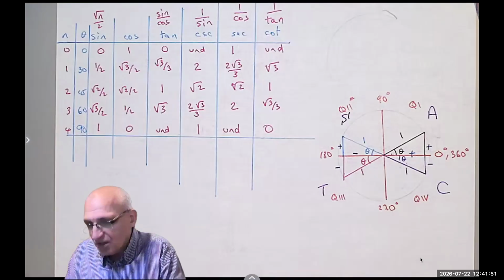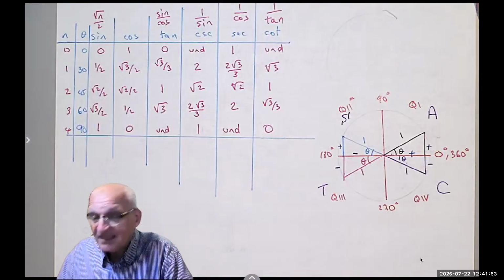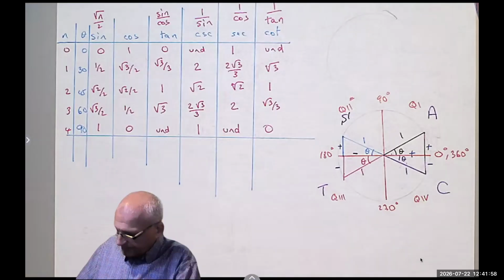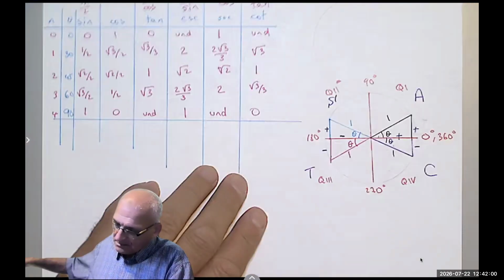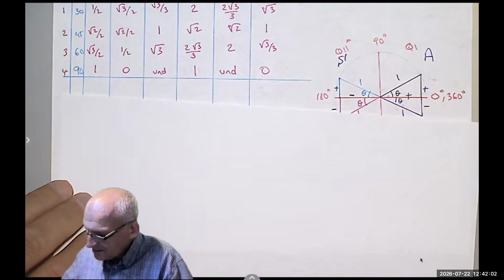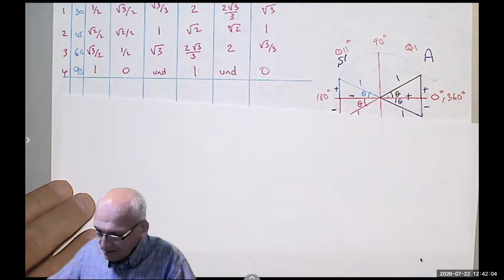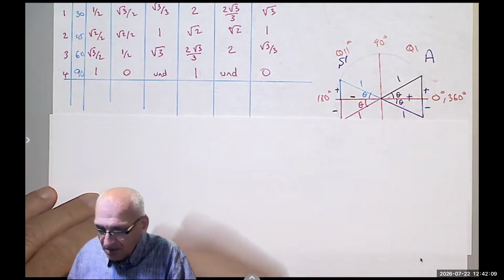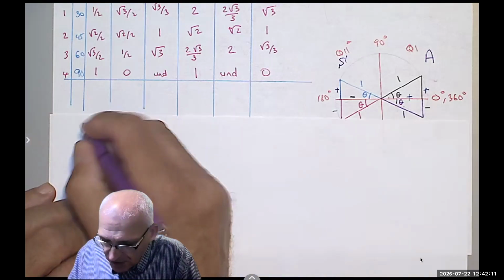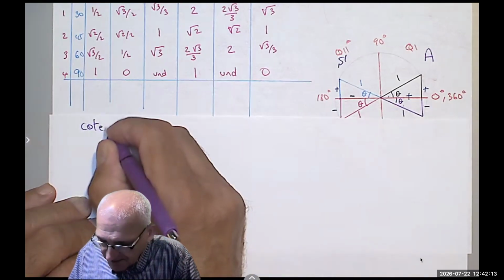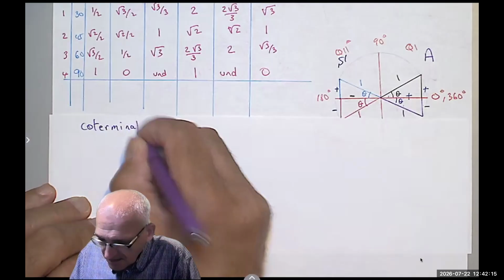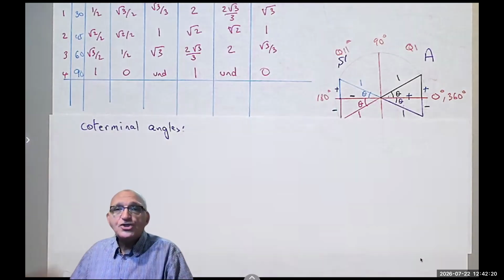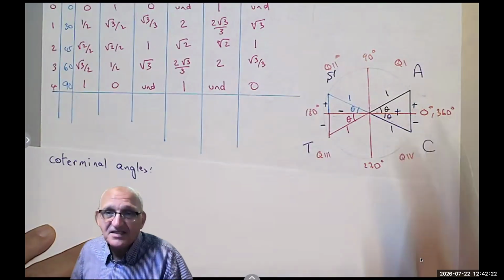Now, what I also want to say today as an introduction is the following. We have something called coterminal angles. What do these mean? Co-terminal means they terminate at the same point.